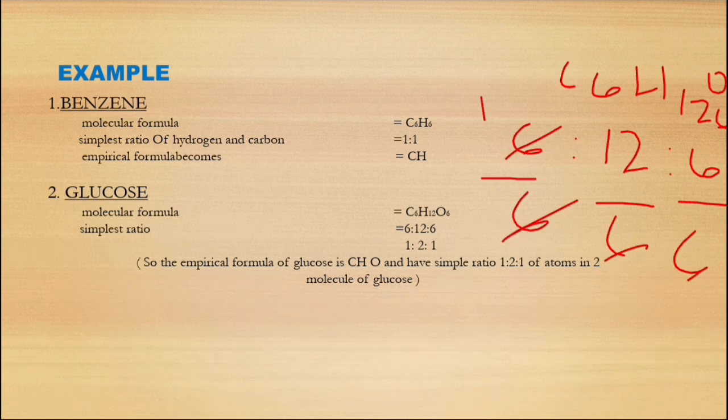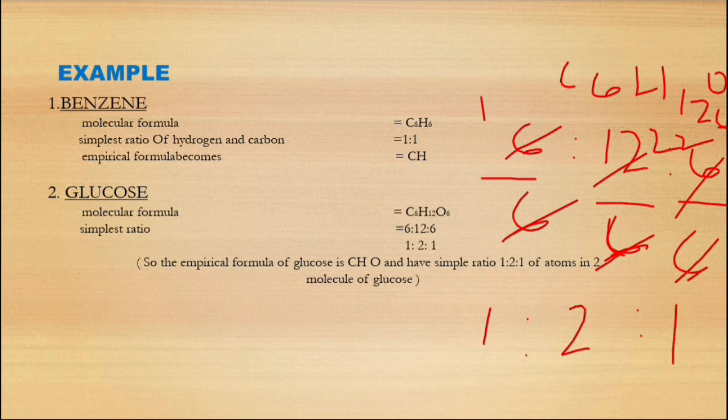We have to divide it by 6. 6 ones are 6, 6 twos are 12. Now the simplest ratio is 1:2:1. So this is the simplest ratio form, and the empirical formula of glucose is CH2O, with the simplest ratio 1:2:1.